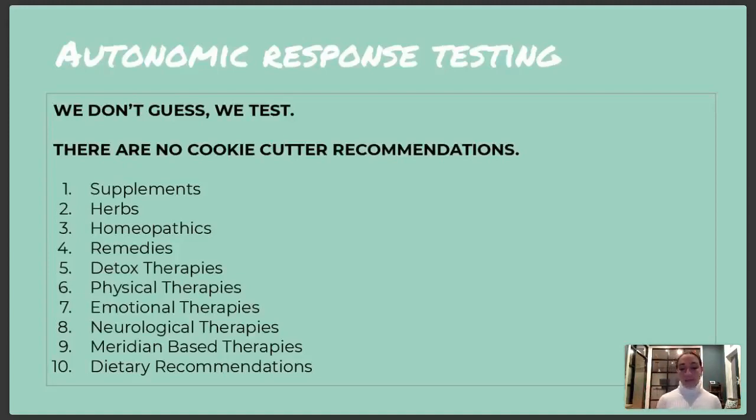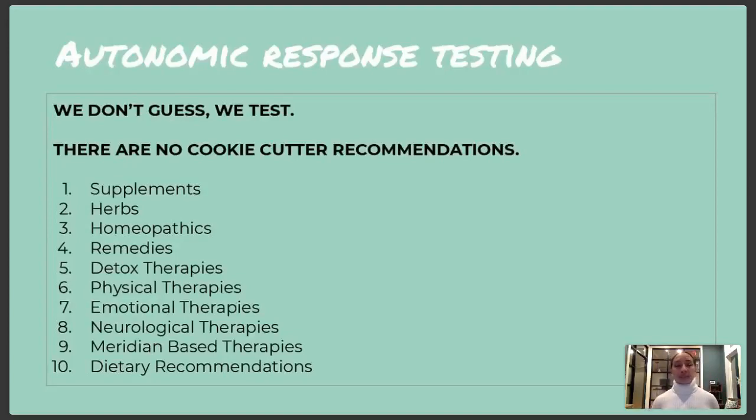So the supplements that someone needs that has Hashimoto's is completely different than someone else that also has Hashimoto's. So we took all of the guessing and all of the trial and error out of this process by using something called autonomic response testing, which is actually created by Dr. Klinghardt, if any of you are familiar with him.